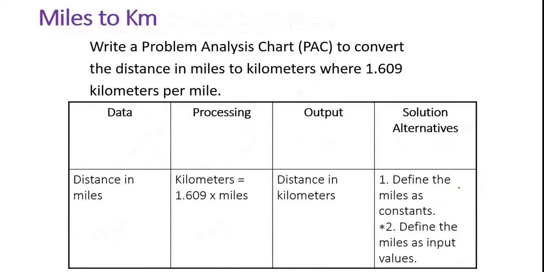Now a simple example. I want you to develop a PAC chart, problem analysis chart. I'm going to give a distance in miles. Say for example, I have one town, Vellore, and nearby another town, Tiruvannamalai.